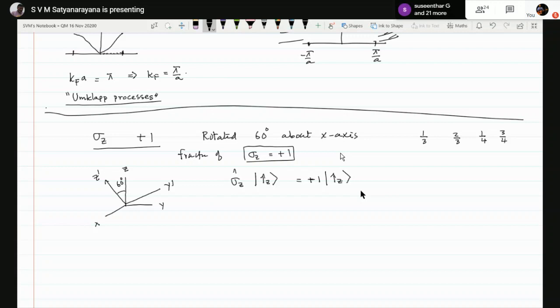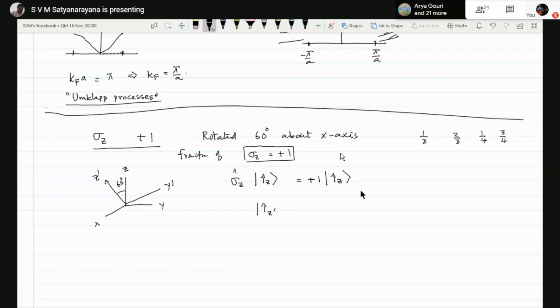So when I rotate it about the x-axis, right, I will have a new state which I will call z prime.